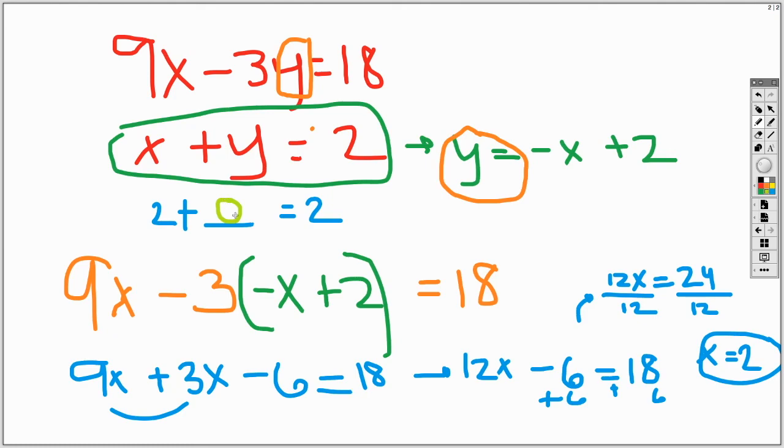Whatever you think, you can always double check it with the other equation. So I would get 9 times 2, 18, minus 3 times 0, equals 18. It already equals 18, so yes, y is 0. So basically the answer for this system is y equals 0 and x equals 2.